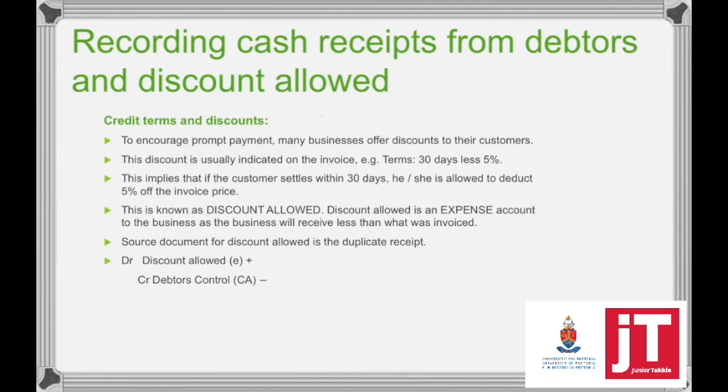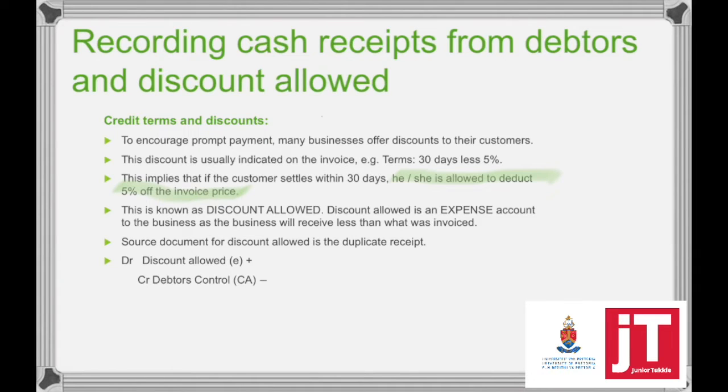And discount allowed is an expense to the business because we will receive less than what was invoiced. So the source document is still the duplicate receipt, and the double entry is debit discount allowed and credit debtors control. So they're owing me less, but it's my expense.